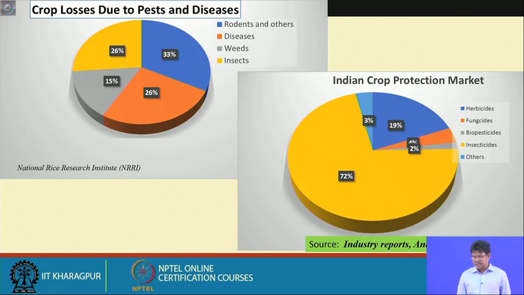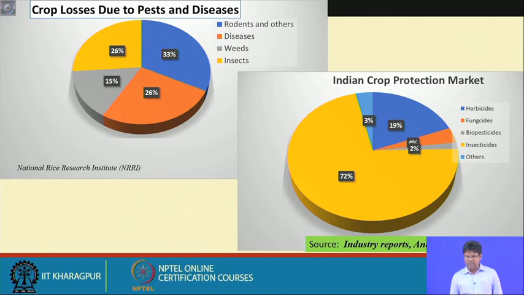Insecticide use is the maximum, followed by herbicides. Of the total synthetic chemical pesticides we are using, 72% is for insect control, the insecticides, and 19%, close to 20%, for controlling weeds, followed by fungicides at around 4%, the others around 3%, and 2% for the biopesticides.